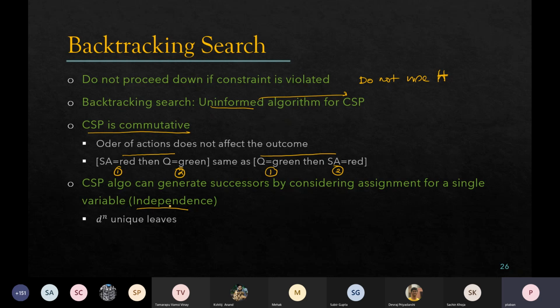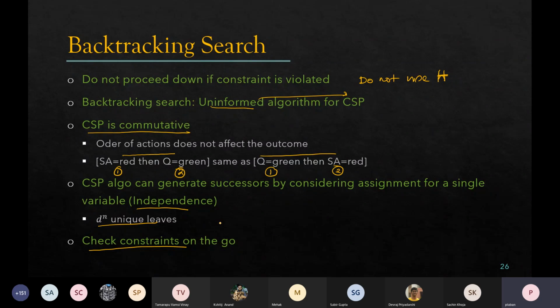Whenever we are generating a successor, we just consider a single assignment to a single variable, right? The assignment might give you a conflict, but while we are assigning, that is independent. And we have already talked about having 2 to the power n unique leaves. And of course, as you have mentioned, we will be checking the constraint as we go. So after every assignment we will be checking the constraint.